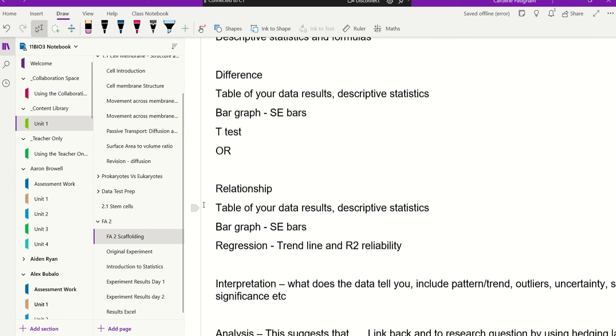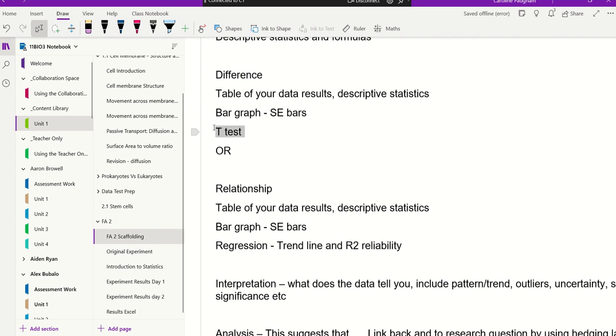All your raw data will be at the end, okay? Then you have to do a bar graph for both with the standard error bars, and then you do your t-test or your regression. Okay? So regression, scatter plot for regression, yes. T-test, you don't need to do a second graph.